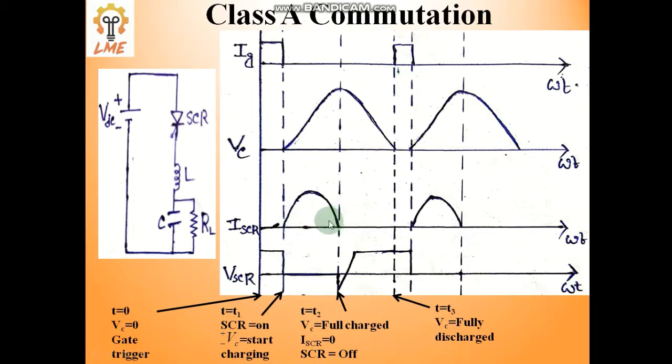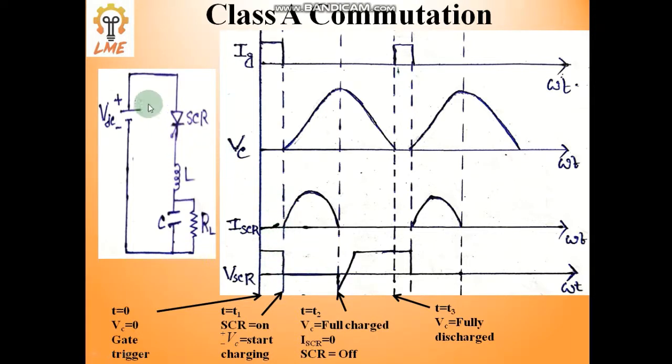So this is the entire description of class A commutation, and the remaining part is the same as the second position. This last waveform is the voltage across the SCR. When current is not flowing, meaning the switch is off, this much voltage appears across the SCR.